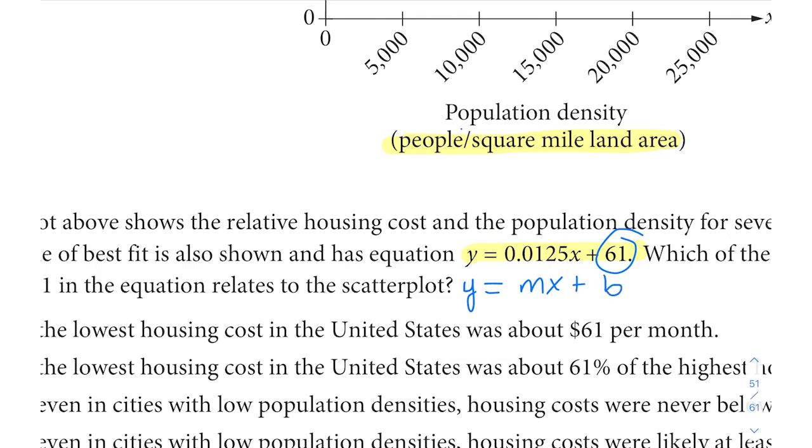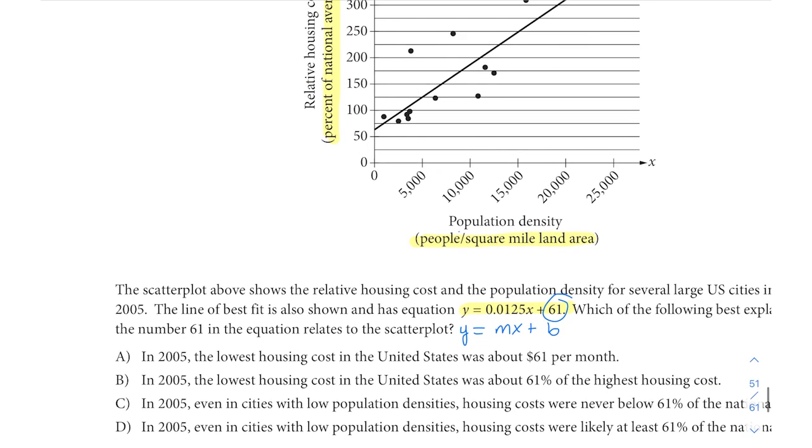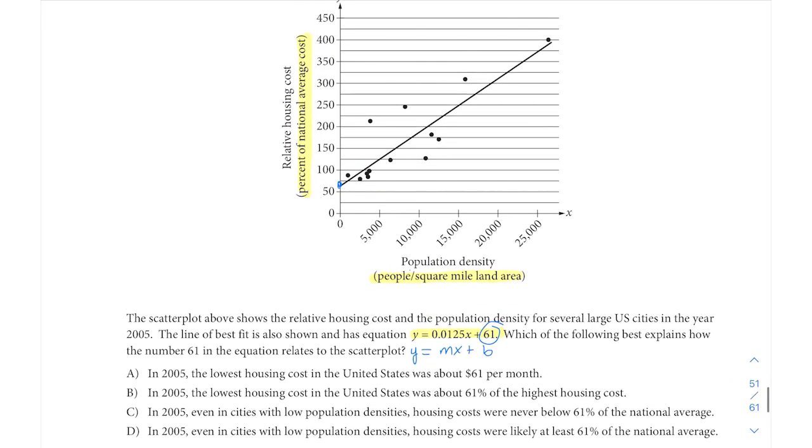We see this here, and when we look at an equation like this, we want to think to ourselves, hey, that's slope-intercept form. That's y equals mx plus b. So if this is slope-intercept form, then this is going to be our y-intercept at 61. And we want to talk about what that means. If we're looking at that y value, we see on the axis it says percent of national average cost.